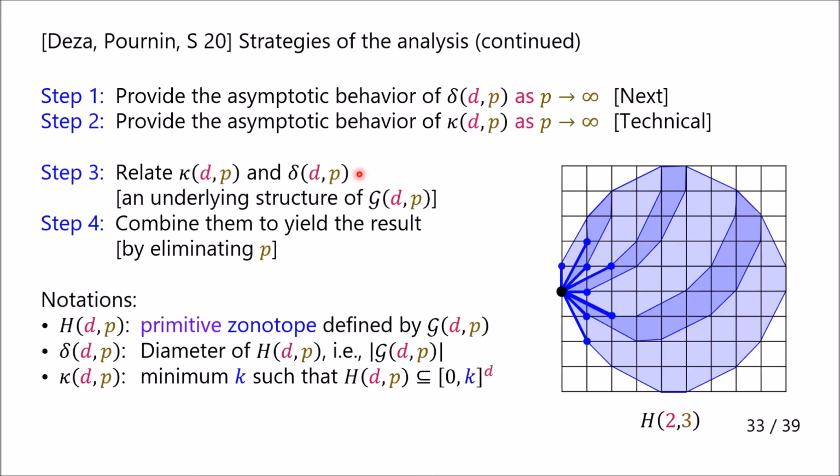Next, we provide the asymptotic behavior of kappa dp, which is a more technical part. Then in step 3, we relate kappa and delta by making use of an underlying structure of the set script G. And finally, by eliminating p from these estimates, we obtain the desired result.